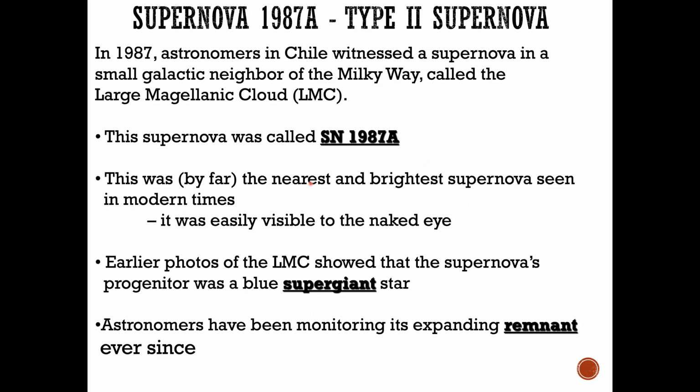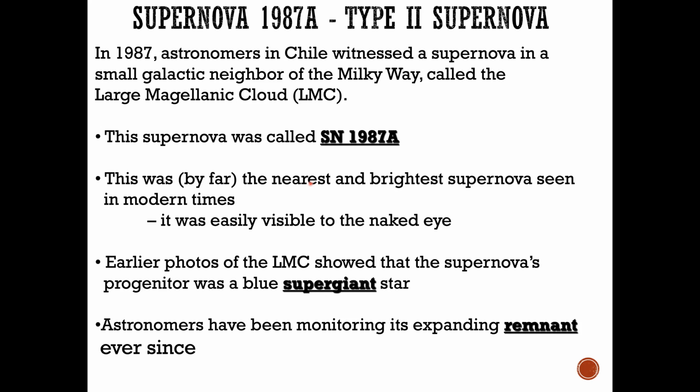Now, even though we have not seen any supernova in our own galaxy for the past few centuries, in 1987, an astronomer in Chile witnessed a supernova in a small galactic neighborhood of the Milky Way, which we call the Large Magellanic Cloud.